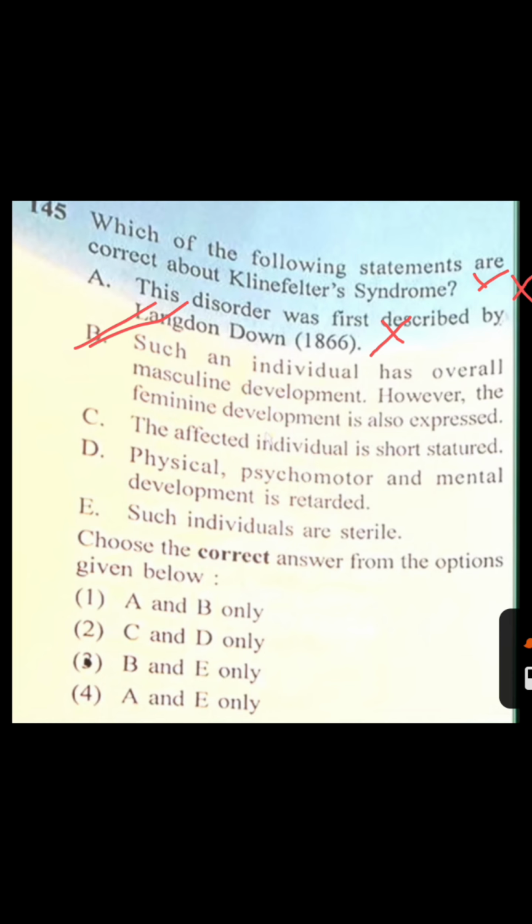The affected individual is of short stature. No, it is a sign of Down syndrome. Physical, psychomotor and mental development is retarded. No. Such individuals are sterile because of the development of masculine as well as feminine characters. So correct option is B and E. So correct option is 3rd.